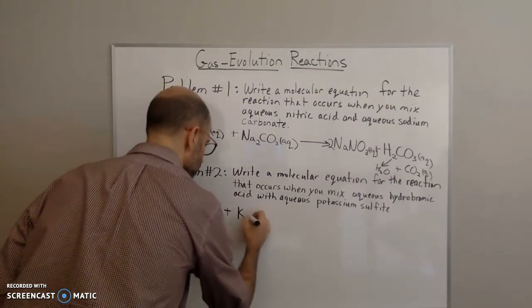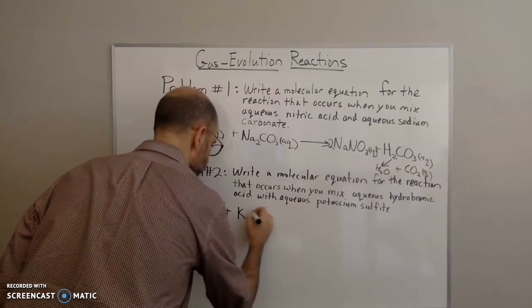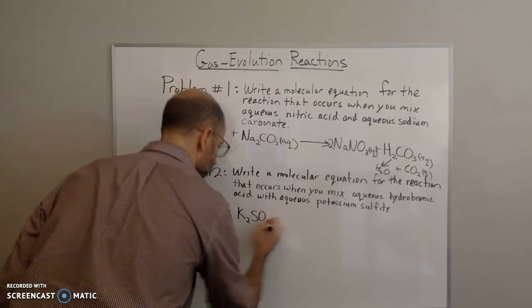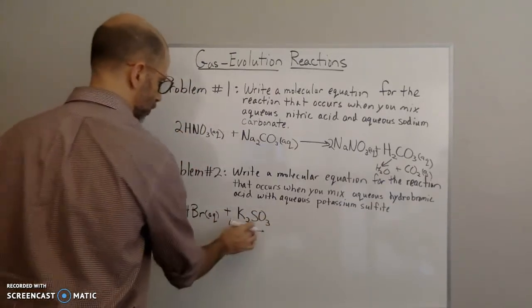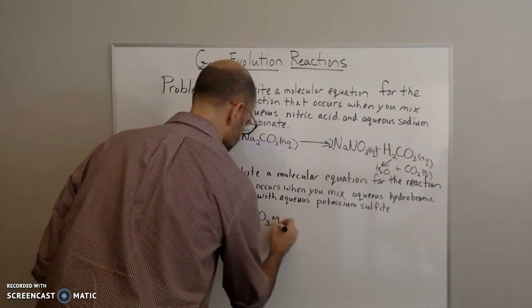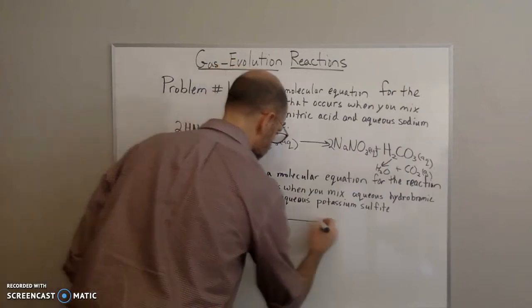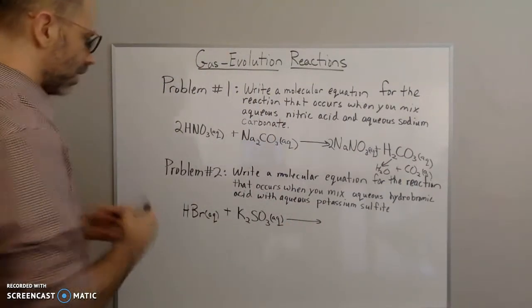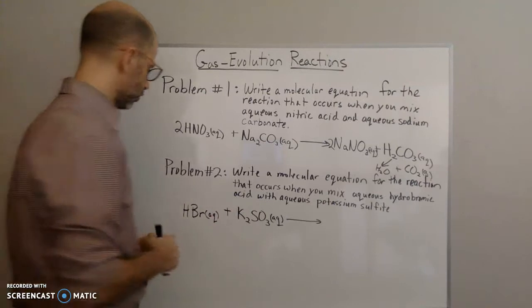We have potassium sulfite, and sulfite has a 3 and it's got a -2, so I need 2 potassiums to balance the charge, and that's aqueous. And then I predict the products like usual.